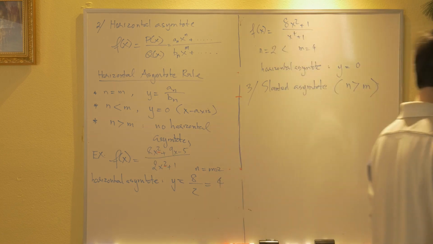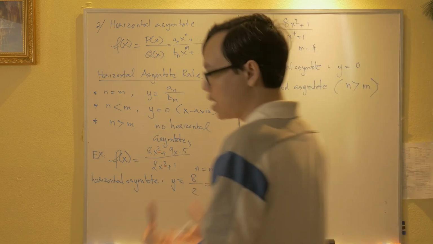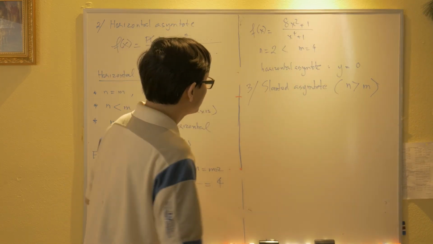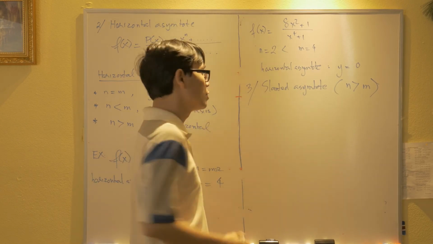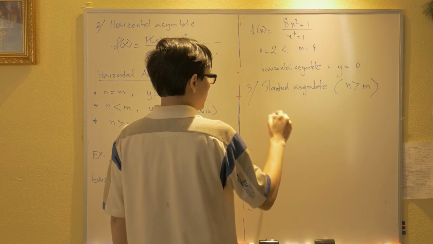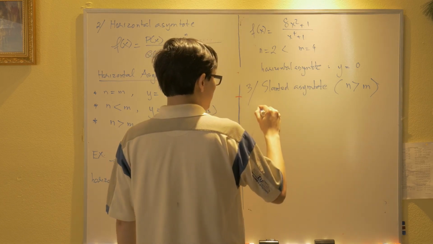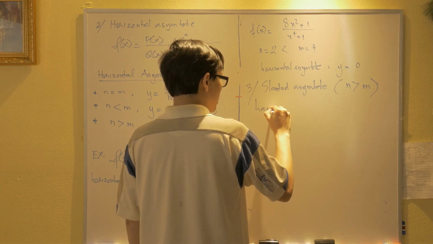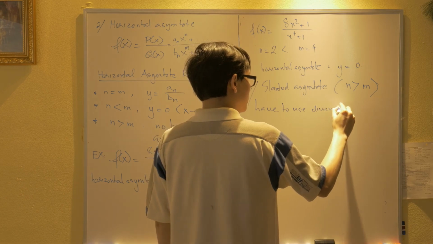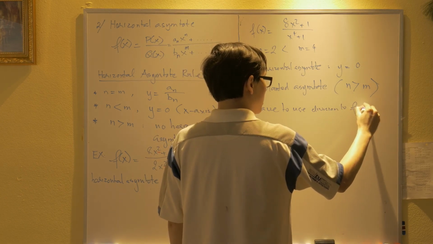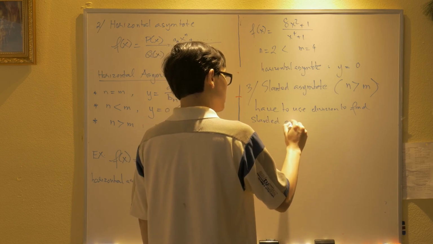In order to find the slanted asymptote, you need to use division. You can do a long division or you can do a synthetic division, it's up to you. So you have to use division to find the slanted asymptote.